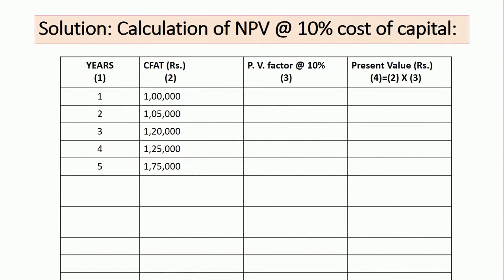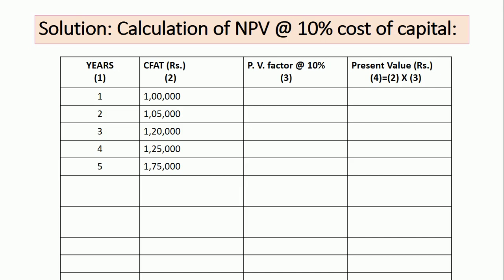Solution: calculation of net present value at the rate of 10% cost of capital. Here we need a table with 4 columns. First column contains years. Second column consists of CFAT given in the question: 1 lakh, 1,05,000, 1,20,000, 1,25,000, 1,75,000.